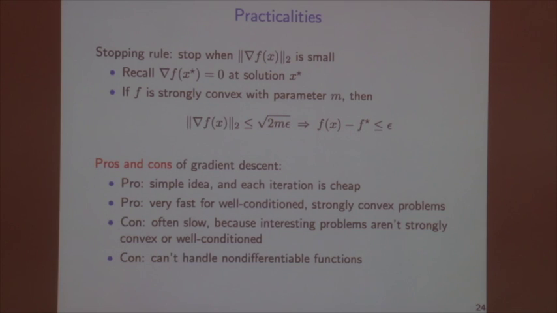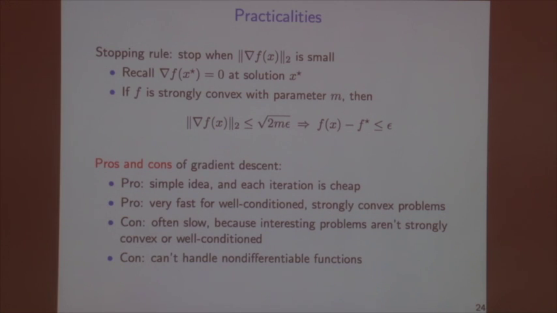So what are the pros and cons of gradient descent? Definitely on the pro side, gradient descent is a simple idea. We're just iteratively moving towards the direction of steepest descent. And each iteration is cheap because you only need to recompute the gradient at each iteration. So that's not very burdensome.